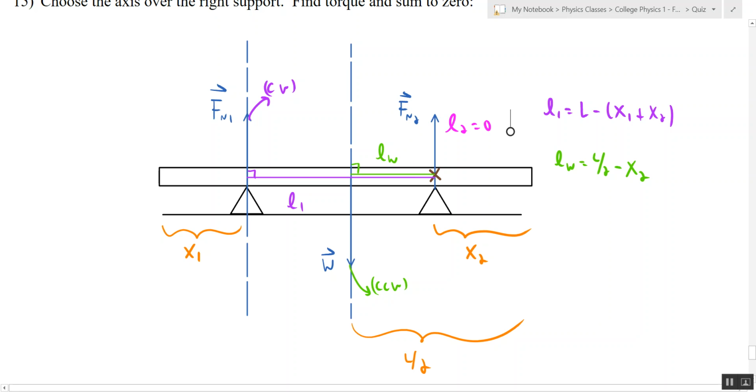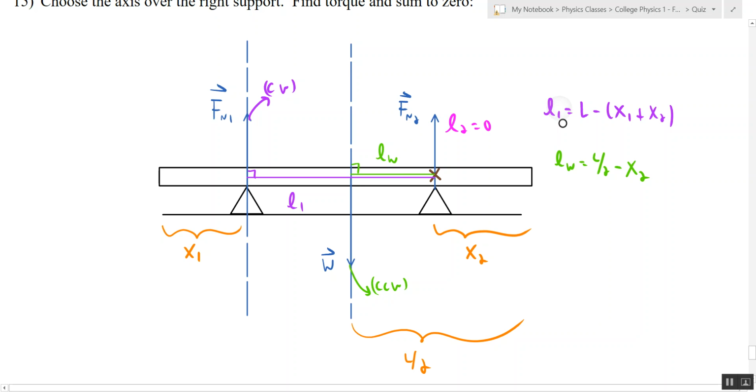So the distance between the supports is the whole length of the board minus how far this one is from the left end minus how far this one is from the right end. That gives you L1. And this force here is causing a clockwise rotation about this axis, so it's negative.